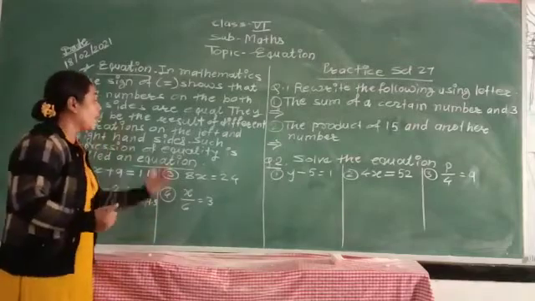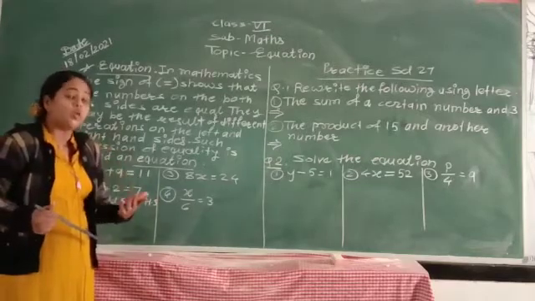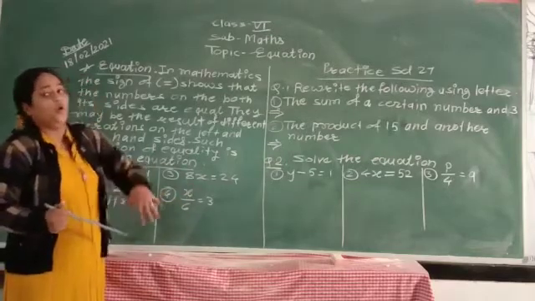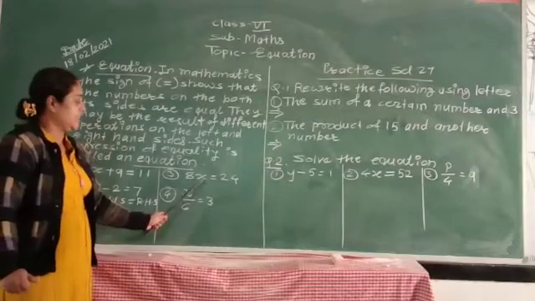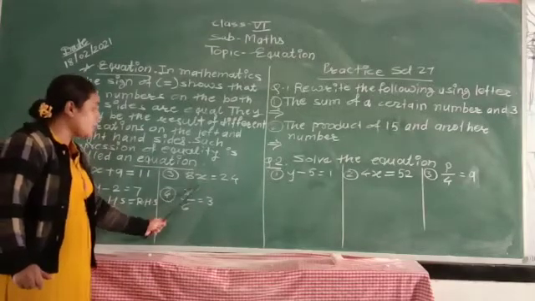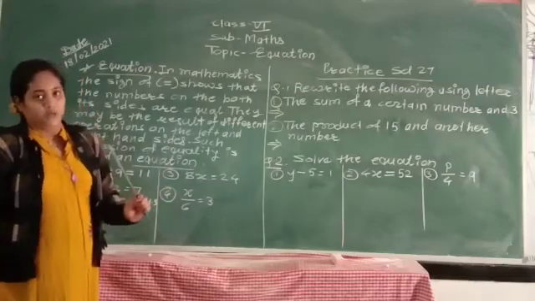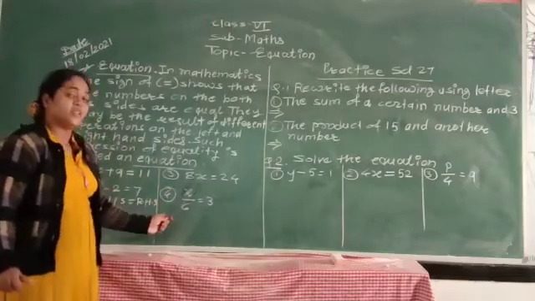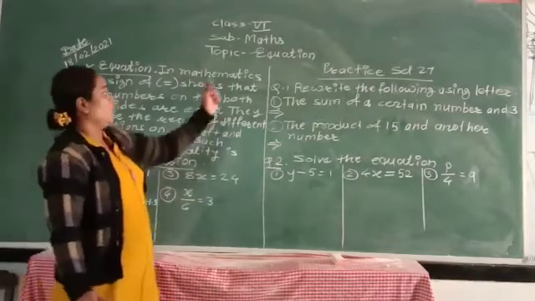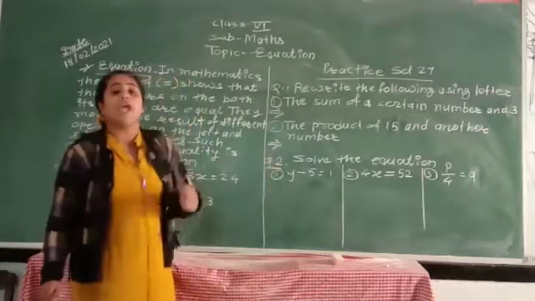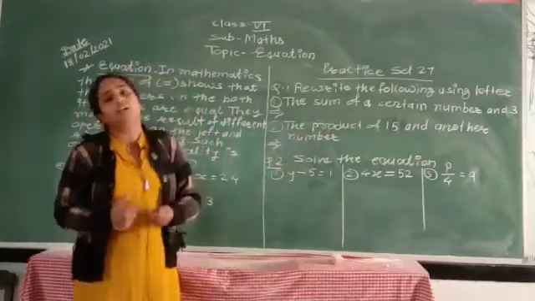We have to find the value of these alphabets. If the value of any number is not known to us, we use these alphabets in the equation. And these alphabets in the equations are called variables. So, in this question, we have to write a variable or a letter for the unknown number.